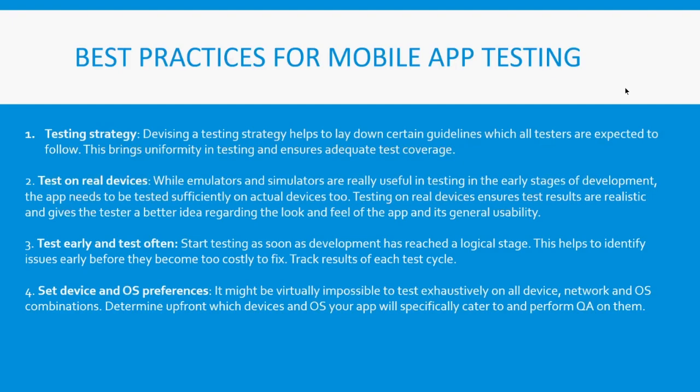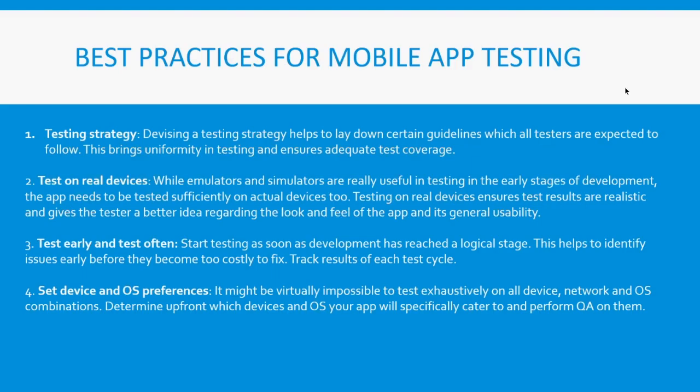So the earlier you report a bug, the easier it is for the developers to fix, rather than starting your testing at the end of the development, which might be very expensive because the application has been built, and you don't want that to happen. So it's very important that as they develop the application, you start your testing early. The developer is able to retrace their steps a short distance, fix the issue, test again, and then progress as they move on here.